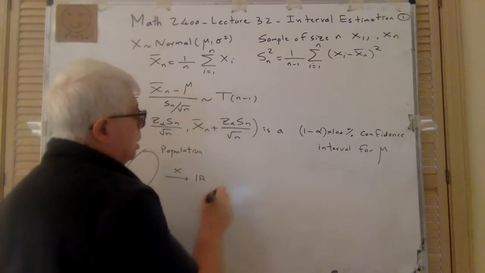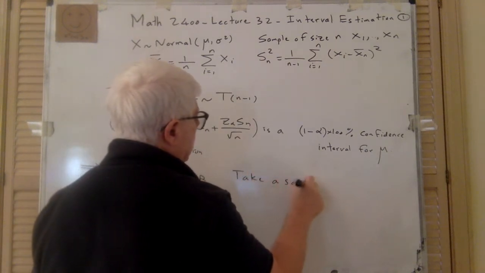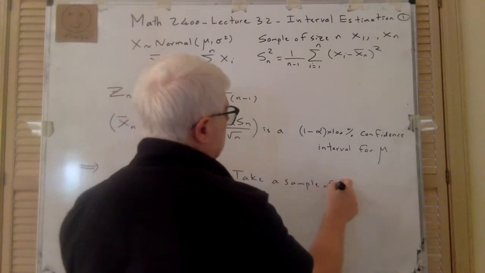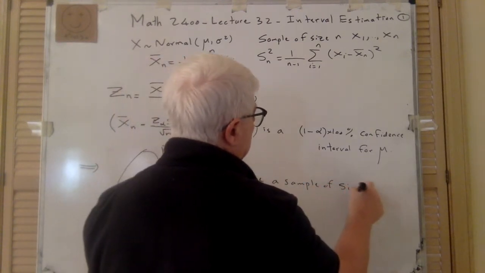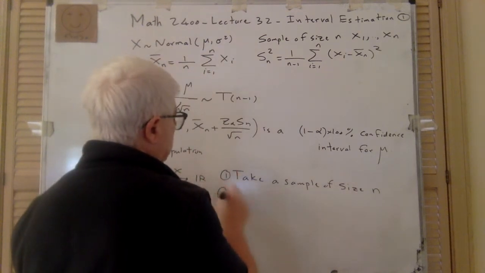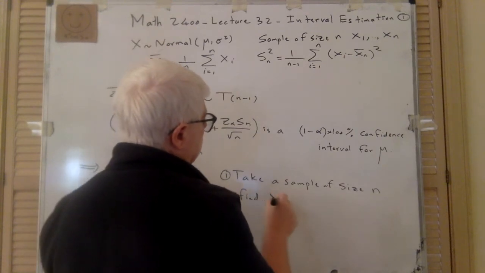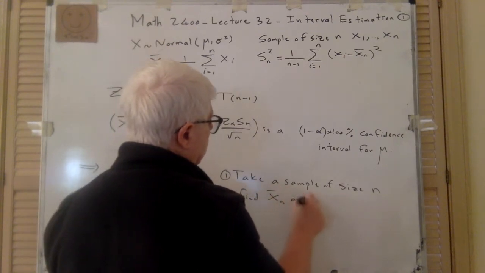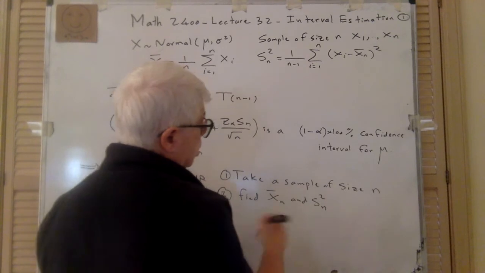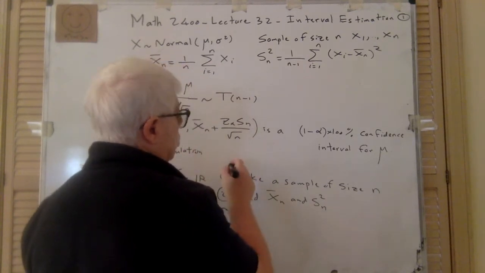So 1, take a sample of size n. 2, find or calculate x bar n and s squared n, or Sn. 3, and what is given to you?